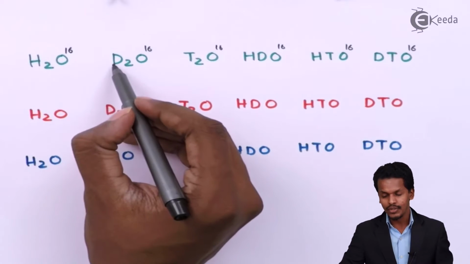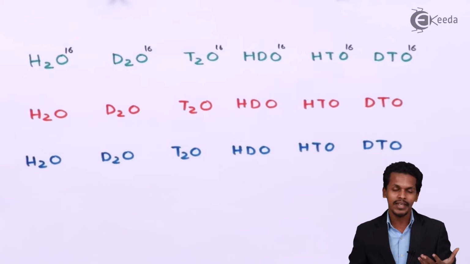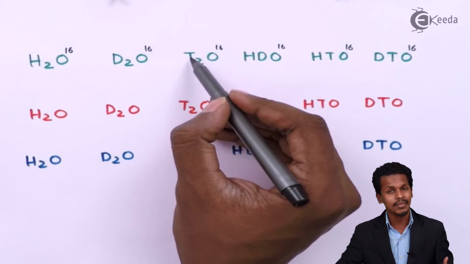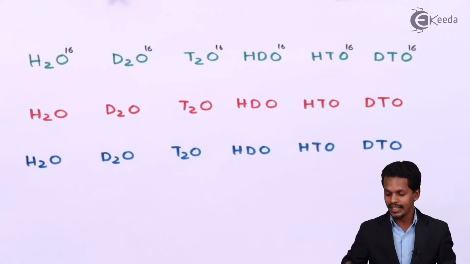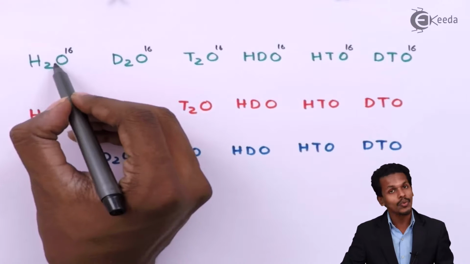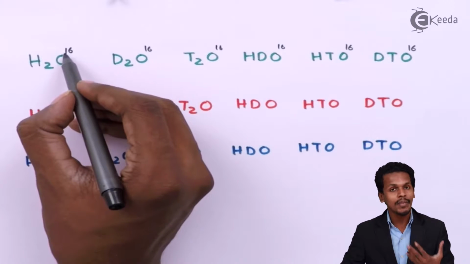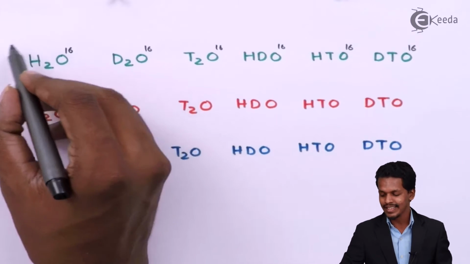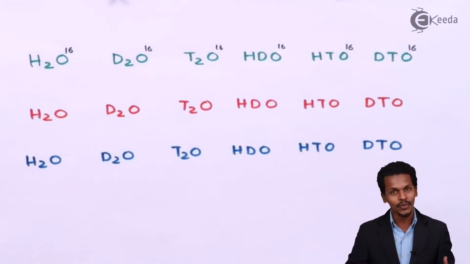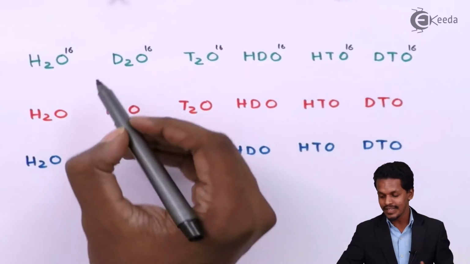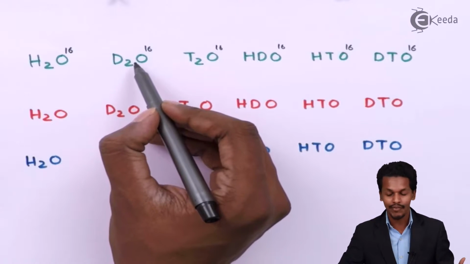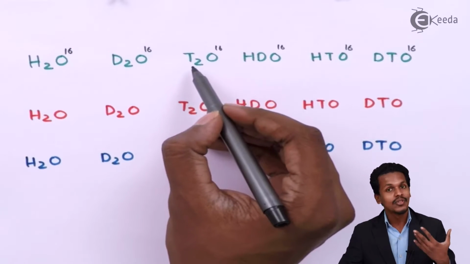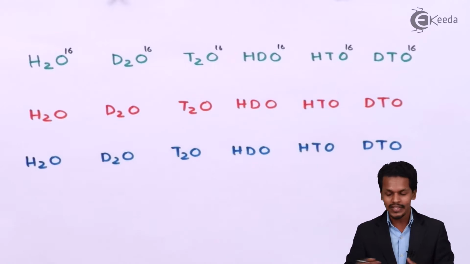We know that deuterium has an atomic mass number of 2, and tritium is 3. Here, this is H2O with oxygen of atomic mass number 16, and this is the regular water that we know. But there are also other molecules, for example the heavy water, D2O, known as heavy water, and T2O, known as super heavy water. But let me discuss this later on.